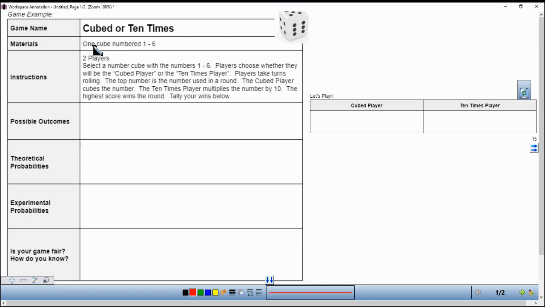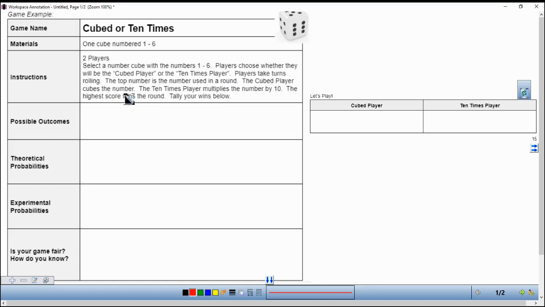Okay, so the materials we need are a dice, which we have. This is a two-player game, so we're going to select a number cube with the numbers 1 through 6, which we have. Players are going to choose whether they will be the cubed player or the 10 times player. Players take turns rolling. The top number is the number used in a round.